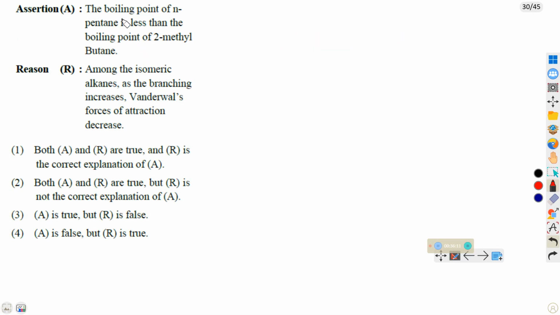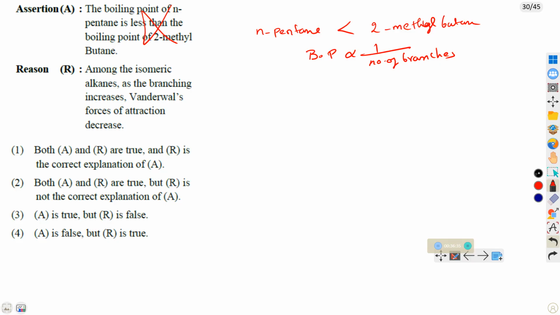Assertion: the boiling point of n-pentane is less than 2-methylbutane. This is wrong. Why? Boiling point is inversely proportional to the number of branches. Next one. Among the isomeric alkanes, as the branching increases, van der Waals forces of attraction decrease. Correct. A is false, but R is true.